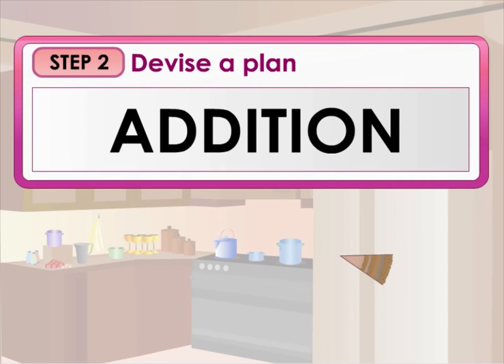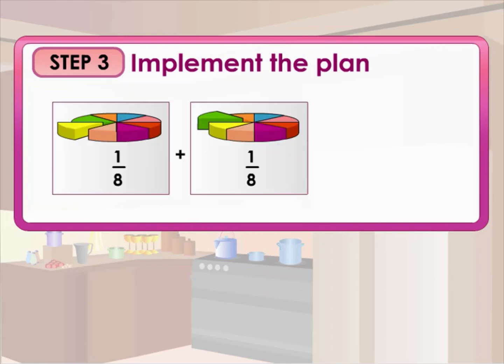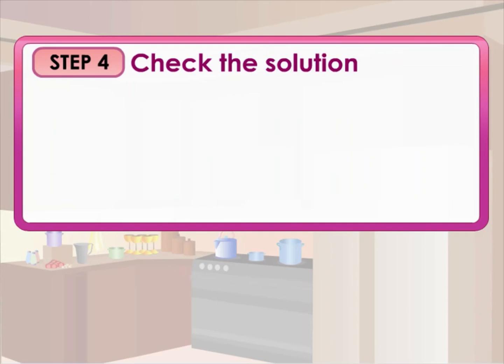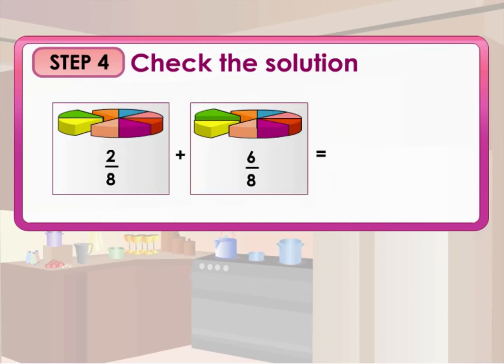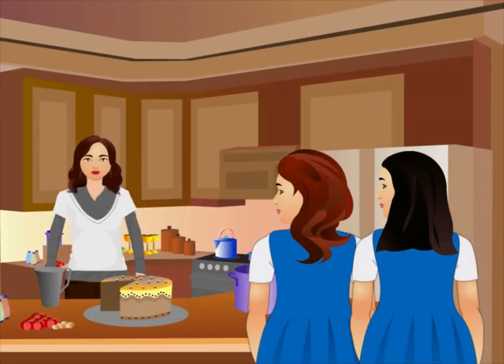Yes, we use addition. Step 3. Implement the plan. 1/8 plus 1/8 equals 2/8. Step 4. Check the solution. 2/8 plus 6/8 equals 8/8, that is 1 whole.